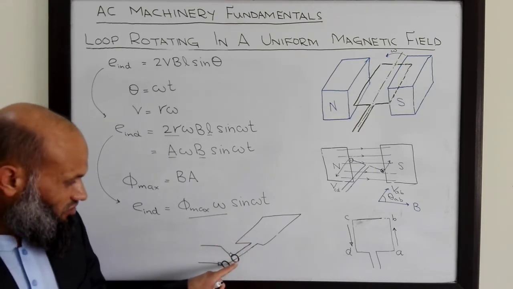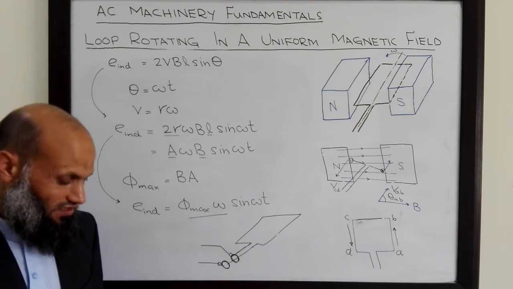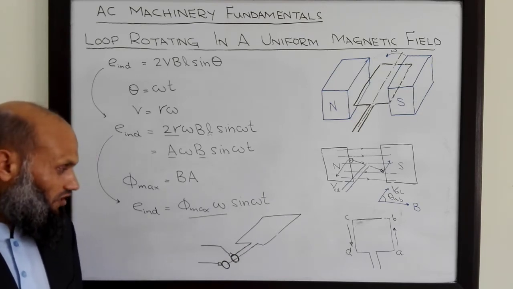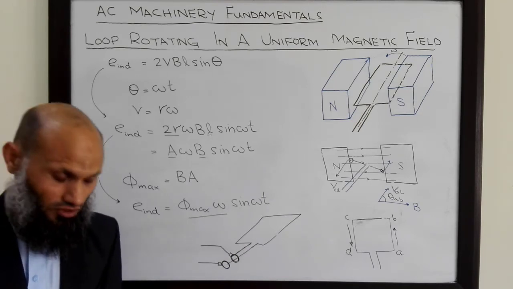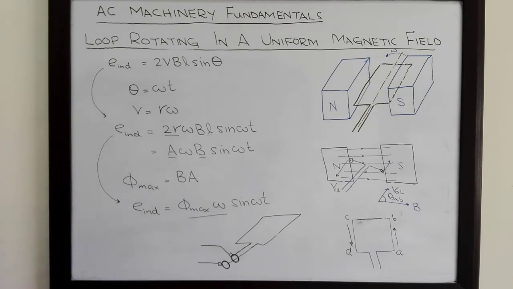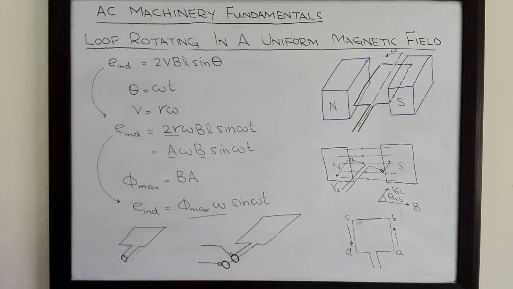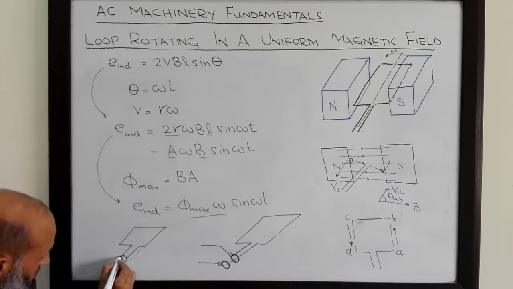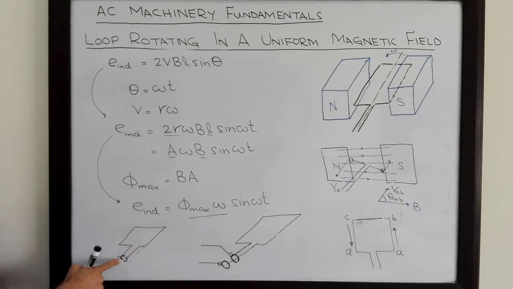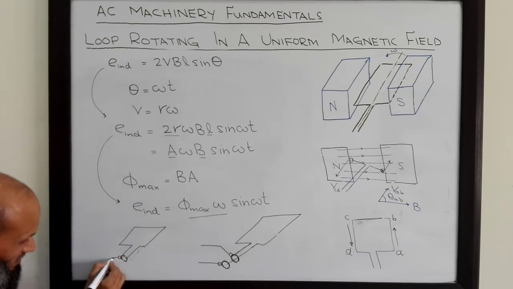Remember that this arrangement of slip rings is different from the one that was discussed when we were talking about DC machines. Over there, we had this situation. We had these half rings, and these rings were connected to two sides of the coil, and then there were brushes over here.